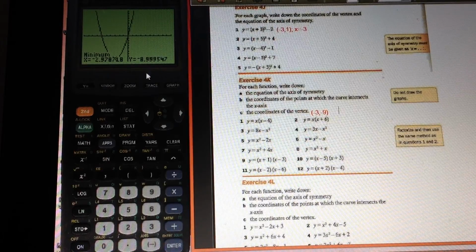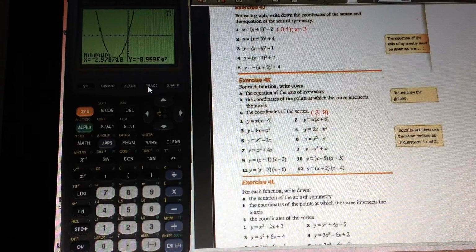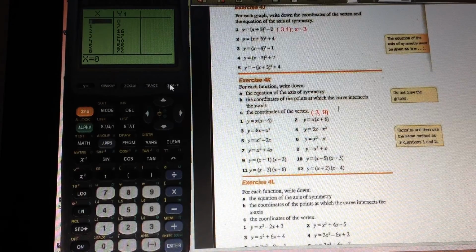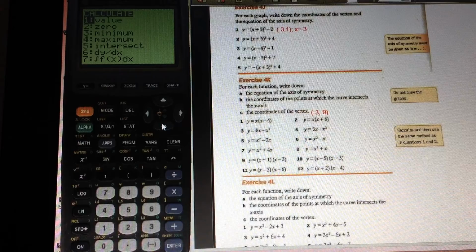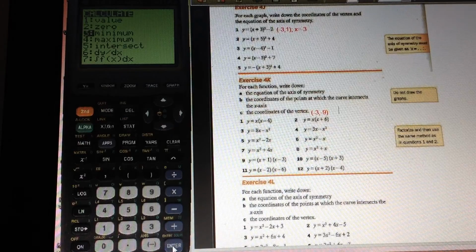Alright, now if you say it doesn't look like -3 and -9, what can we do? Well, you can do it one more time. So for example, we're going to second calc one more time, and I'm going to make this graph right here. I'm going to second calc one more time, since we know this is my minimum.